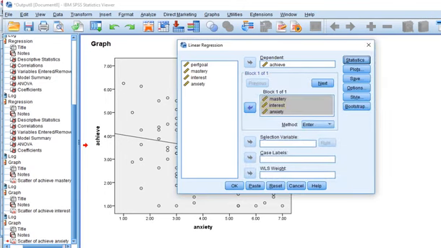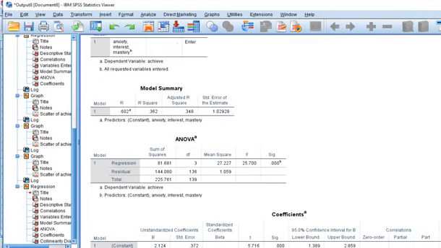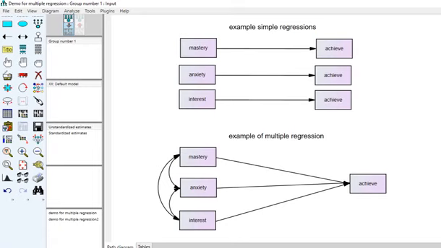So I'm going to click on OK, and now you can see that the model R-square is 0.362. Like I said, in this particular case, this is the model R-square.